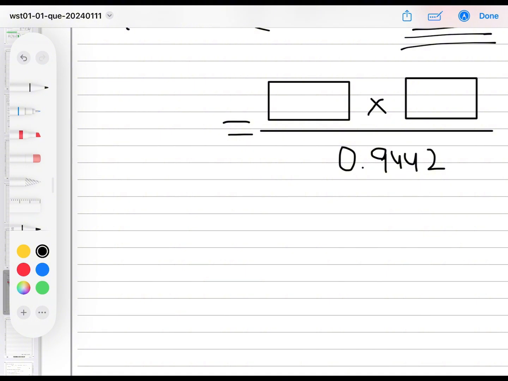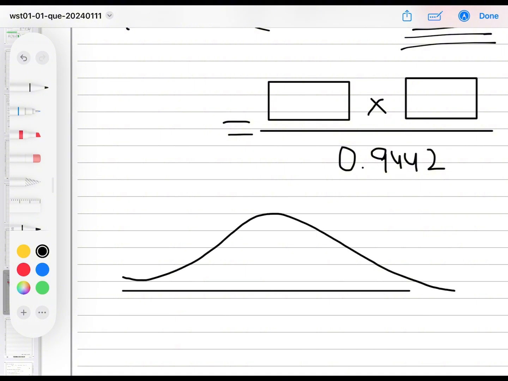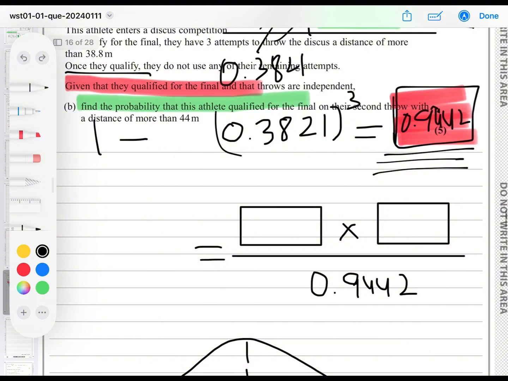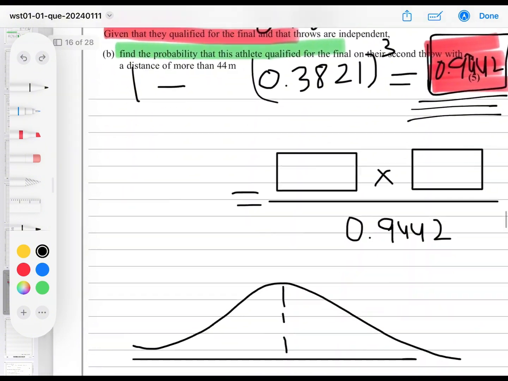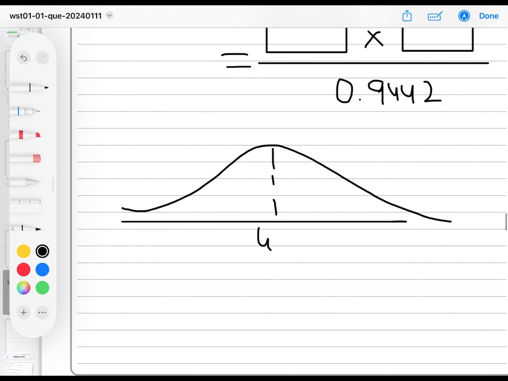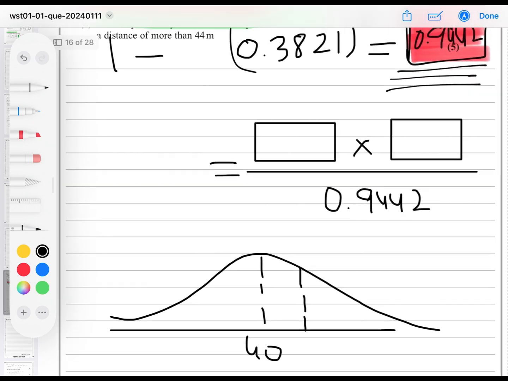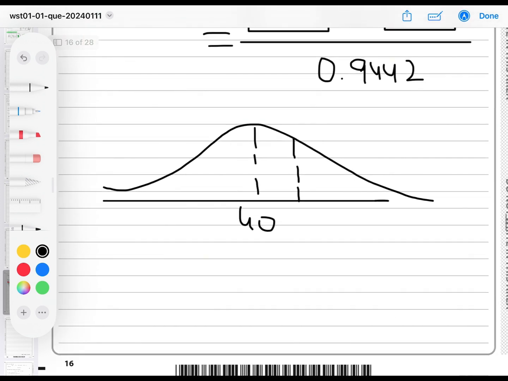So now here I will make again this bell-shaped curve, and this is the 44 meters. The mean is, what's the mean in the question? The mean was 40 meters. 40 meters was the mean, and they are asking for a throw of more than 44 meters.